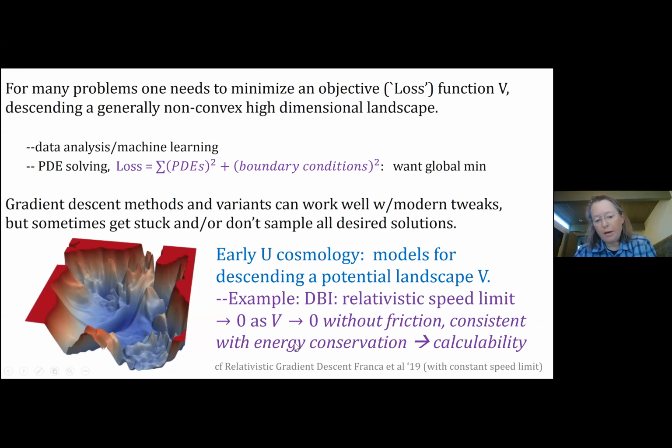And so you don't need friction, but the algorithm will slow down very, very dramatically as it gets toward the bottom of the loss landscape. That raises an obvious question of what is special about V equals 0, which we can talk about, but it's often not an issue, and in particular in the loss being the PDE squared and so on in this problem.